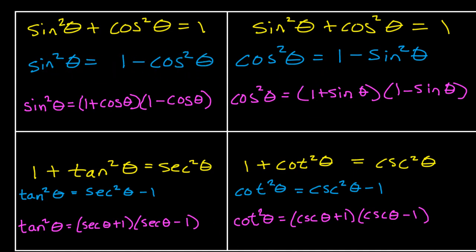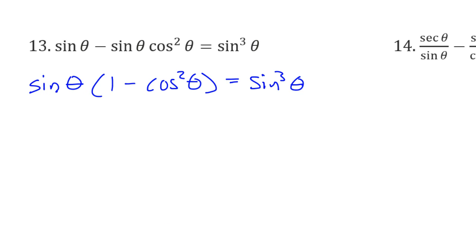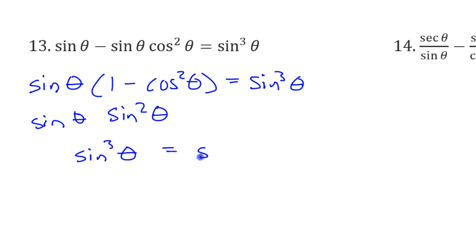That is sine squared. So I can make that substitution and put sine squared theta right in here. So this is sine theta times sine squared theta. So that is sine cubed theta. So that is what we were trying to verify.